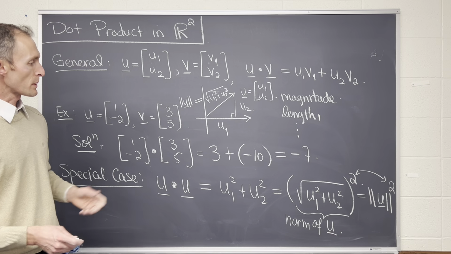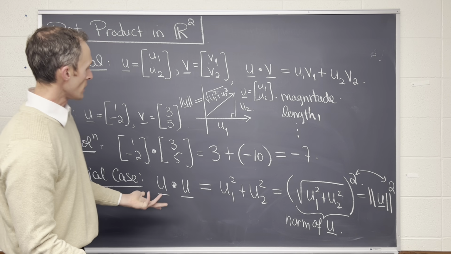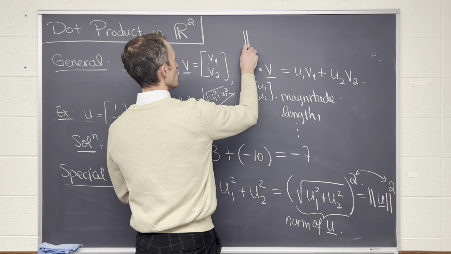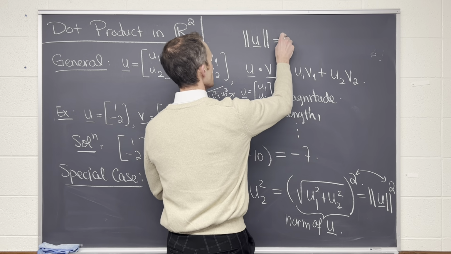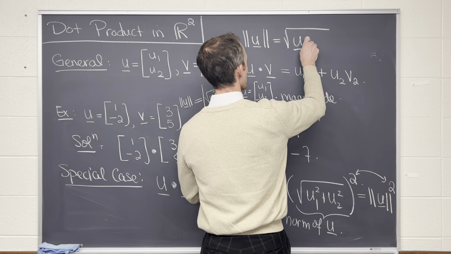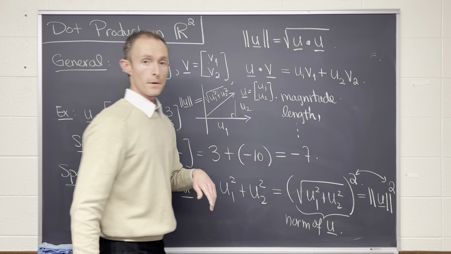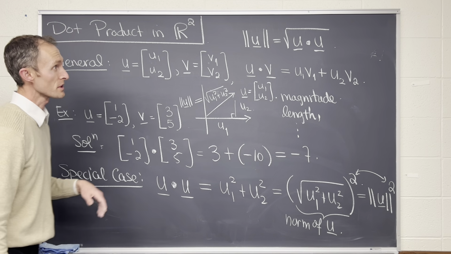So that's where that comes from. At the end of the day, why is the dot product useful? It allows me to compute the norm of u as simply the square root of u dotted with itself. That's one use for the dot product.